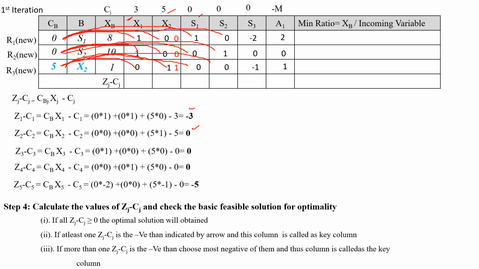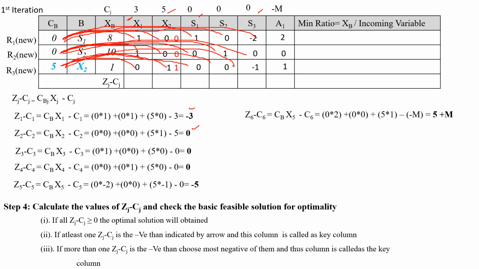Next, Z5 minus C5 for the S3 column: 0 into minus 2 plus 0 into 0 plus 5 into minus 1 minus 0, which equals minus 5.